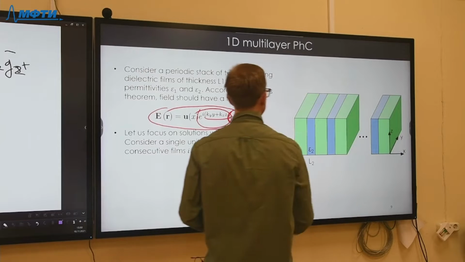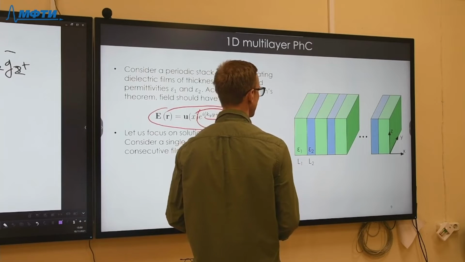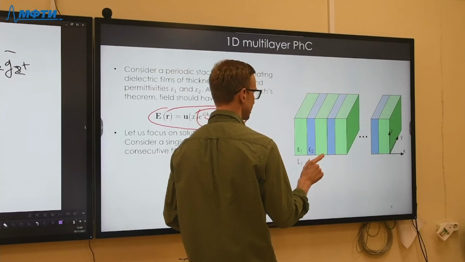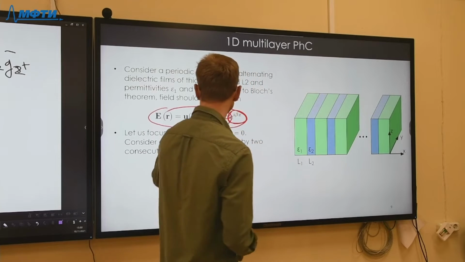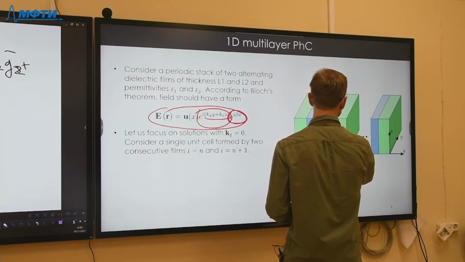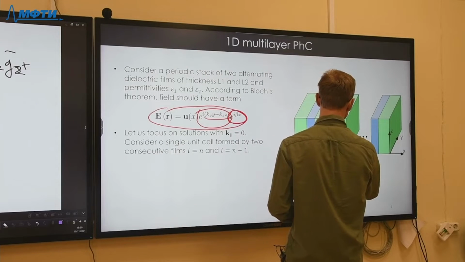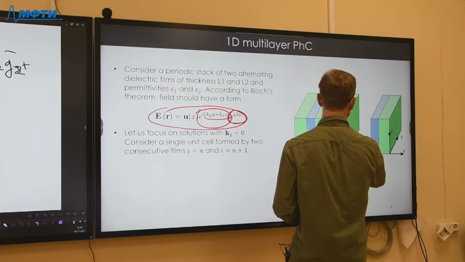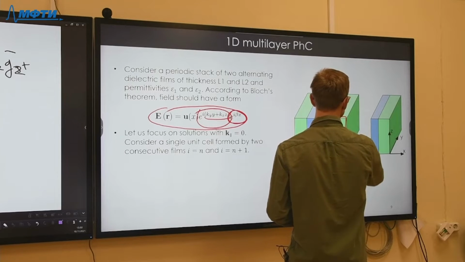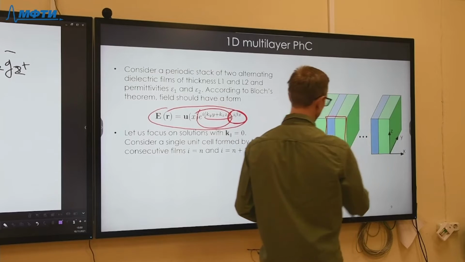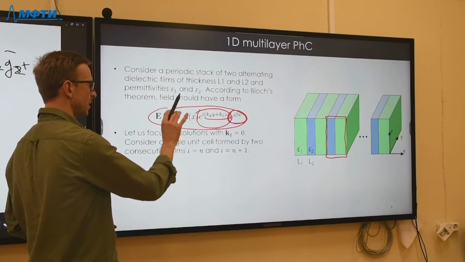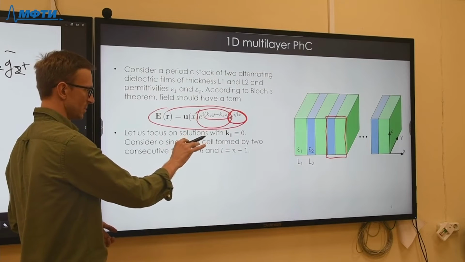is that we need to pick out a single unit cell. We need two consecutive films labeled by n and n plus 1, and let's choose these two films. And I need to be very accurate about whether I include or not the interface with the next film, because what I'm going to do next is apply the transfer matrix formulas to that.